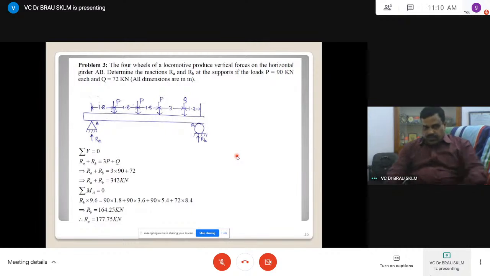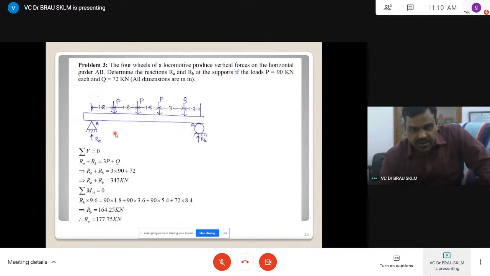Now let us see vertical. There is no horizontal reaction at RA and RB. It is a hinge joint, vertical and horizontal, but only vertical here, because it is a plane with 3 degrees of freedom, so 3 unknowns can be solved.